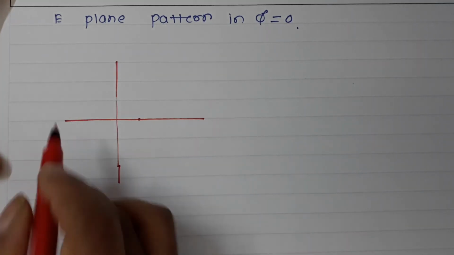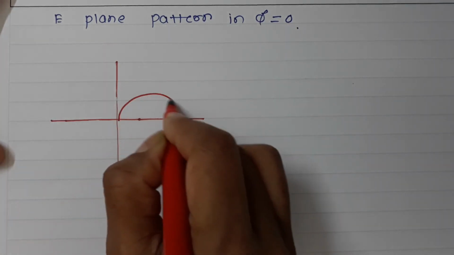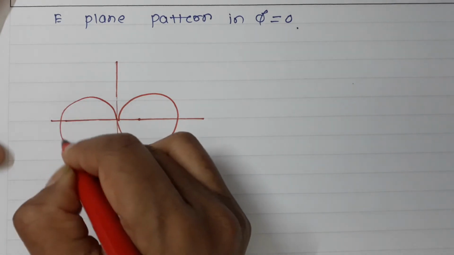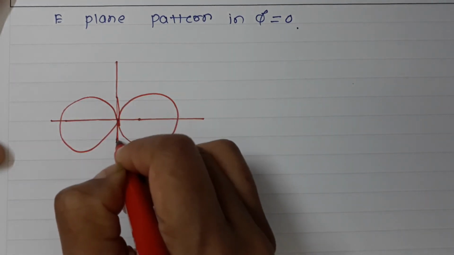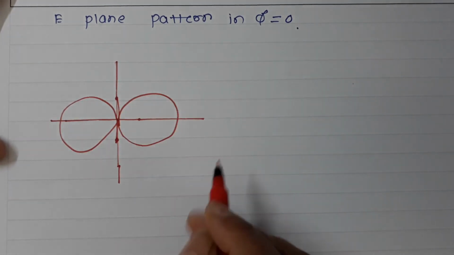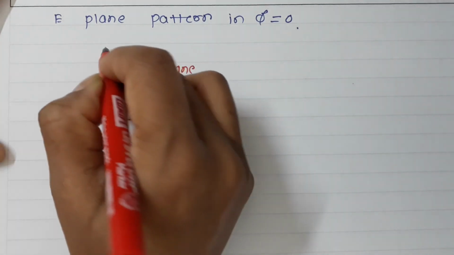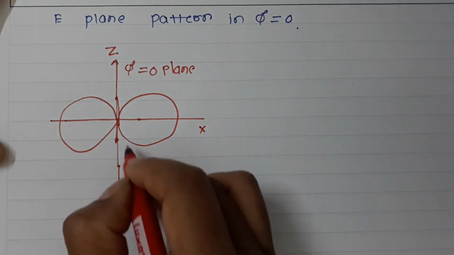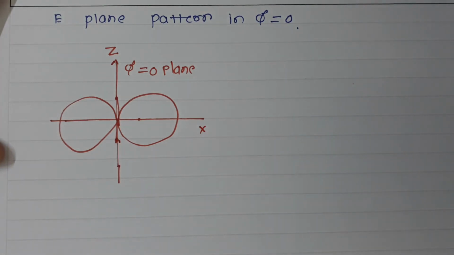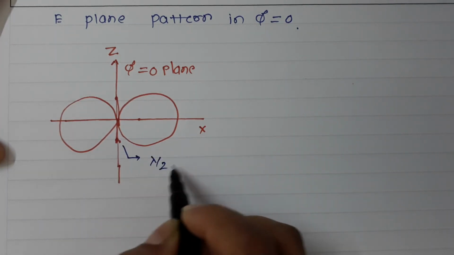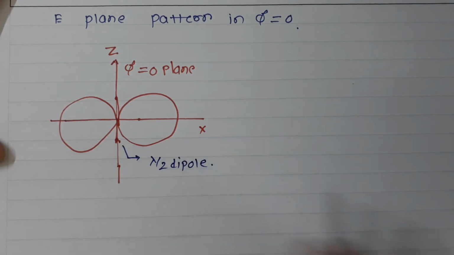This is nothing but the radiation pattern, and this is your antenna of length lambda by 2. I can say in the phi equal to 0 plane, this axis will be the Z axis and this will be the X axis, and this is my antenna, which is nothing but the lambda by 2 dipole. So this is the E plane pattern.